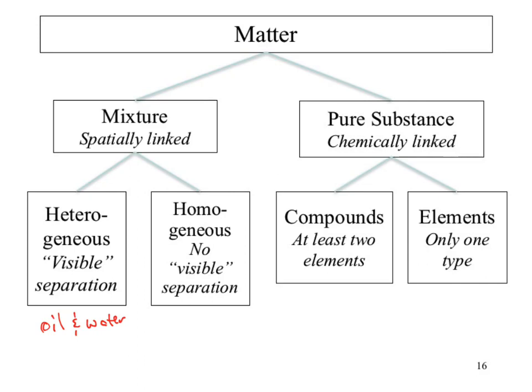Didn't I just say two different phases? Do those phases mix? No. So it's not just that they're different phases, solid and liquid, or liquid and gas. It's that those phases don't interact with each other. So we're looking at two or more phases. What else could potentially be a more explicit heterogeneous mixture?